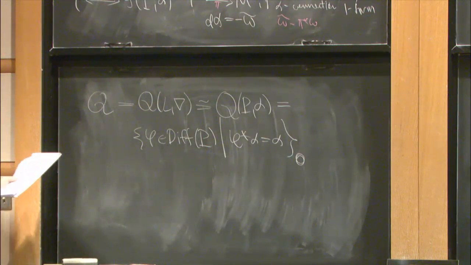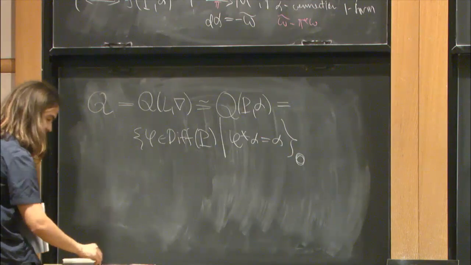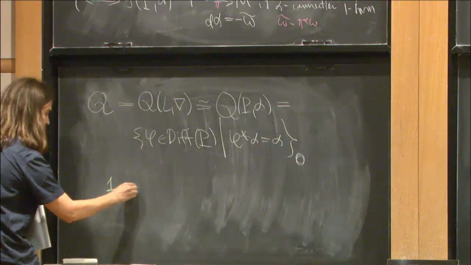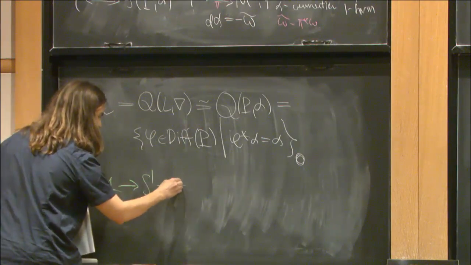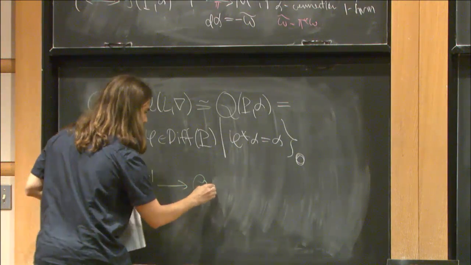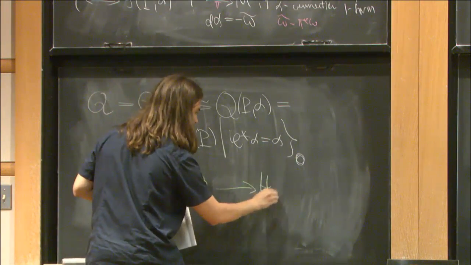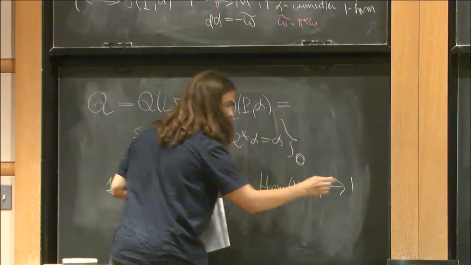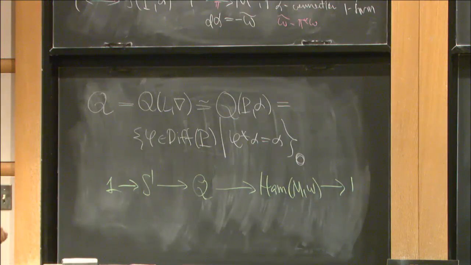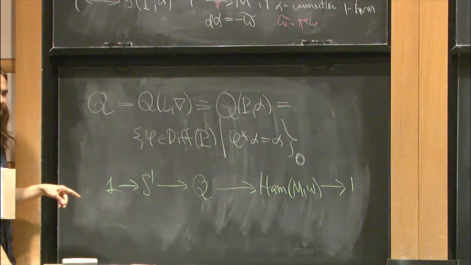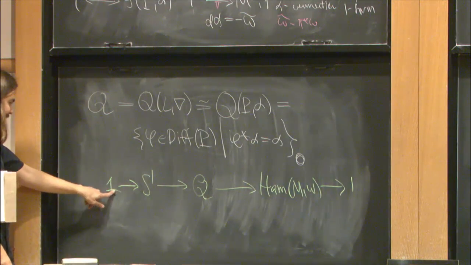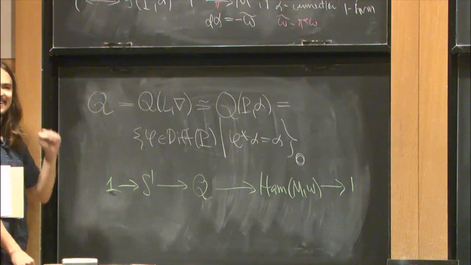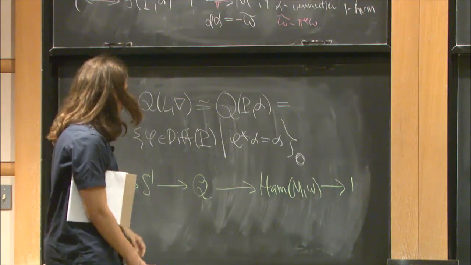And then this group satisfies the following central extension: 1 to S1 to Q to Ham omega to 1. If this notation is strange, just think of S1 sitting in C star. Otherwise, it's 0. Okay.